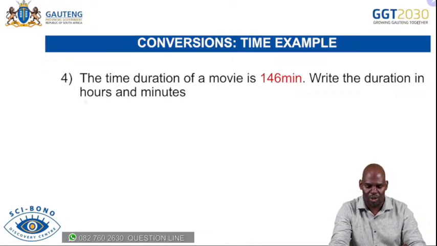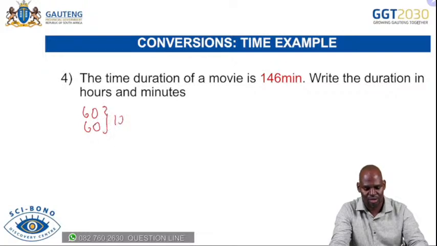Some of you might do it by inspection. You look at 146 minutes, then you ask yourself how many hours there are. An hour is 60 minutes. So you say 60, and then another 60 will give you 120 minutes, which is 2 hours.